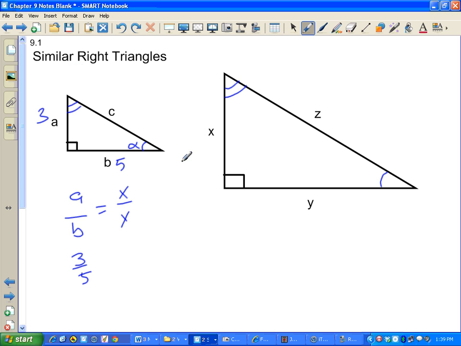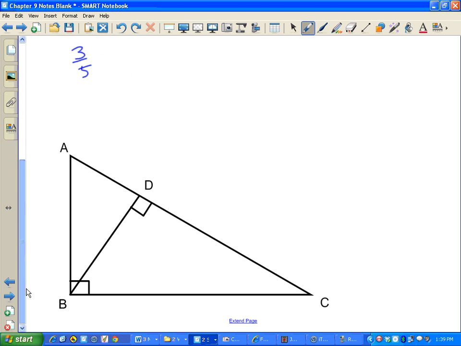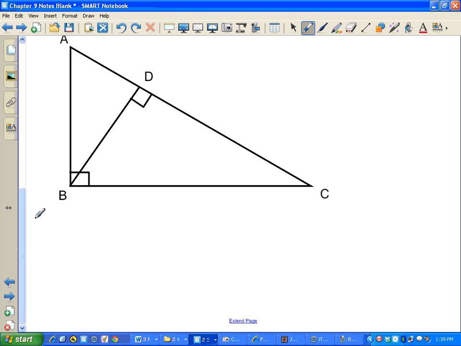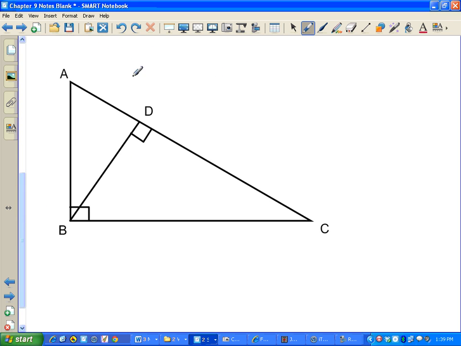But before we get into that, it's kind of a review of similar triangles, and you're going to see a lot of pictures that look like this. I've got one big right triangle here, and then I've got an altitude coming from the right angle to the hypotenuse, and what this does is create two more right triangles.